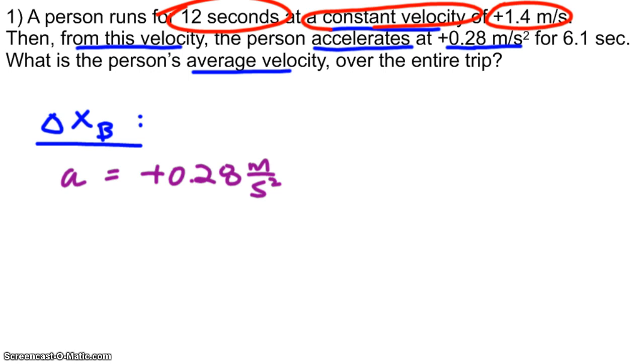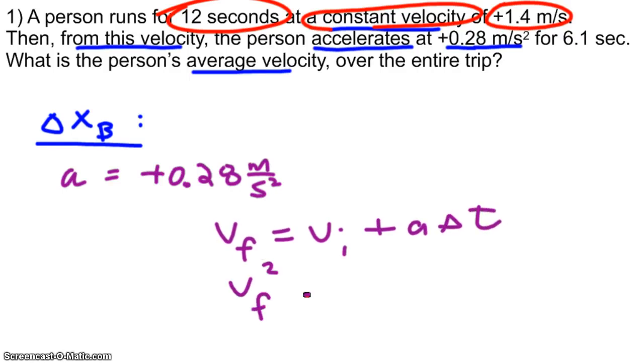As soon as you identify what's happening physically, constant acceleration, you say to yourself, we have 4 equations we're going to have to choose from. I won't write them all out, but you remember what they are. You have them in your notes.